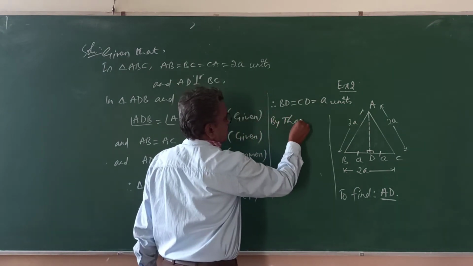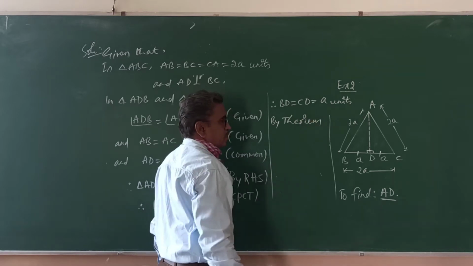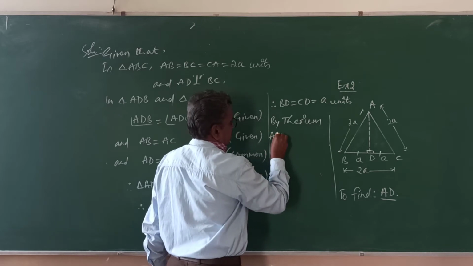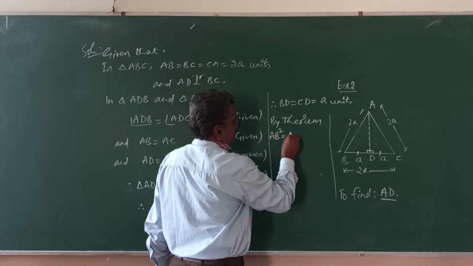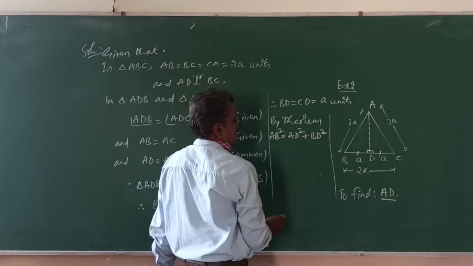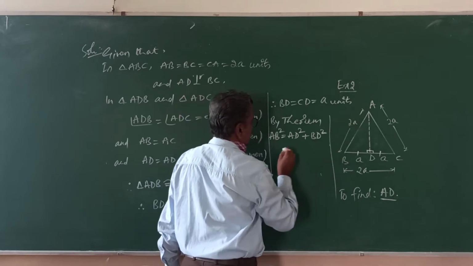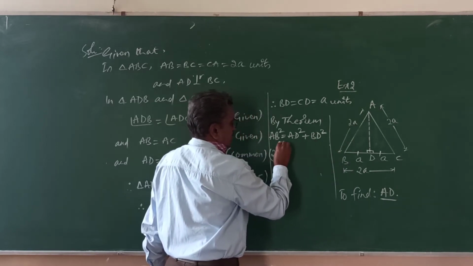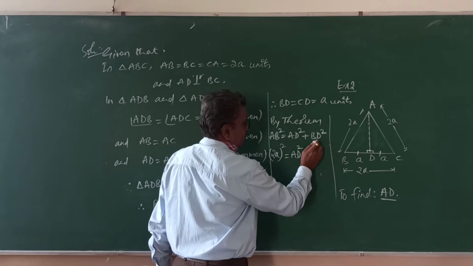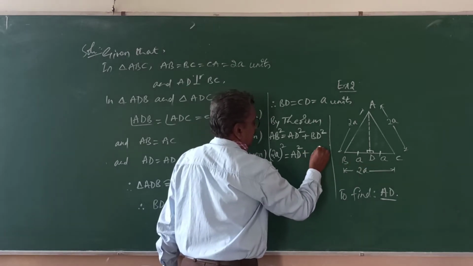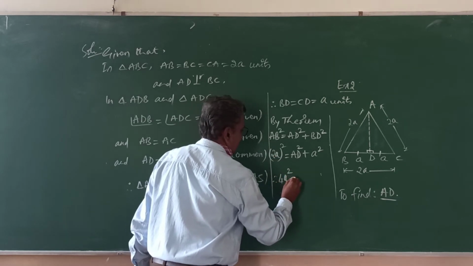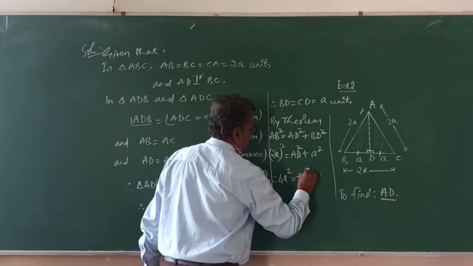Therefore, by the Pythagoras theorem, since the angle is 90 degrees, AB square is equal to AD square plus BD square. AB is 2a, so (2a) square is 4a square, equal to AD square plus a square.